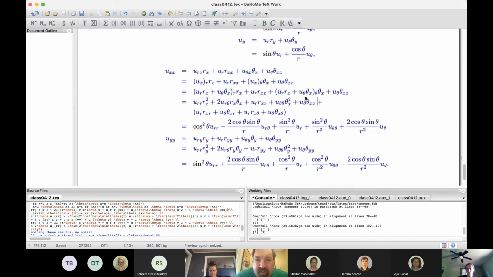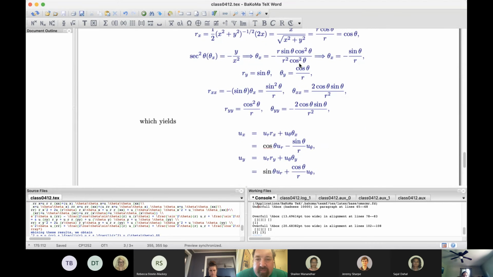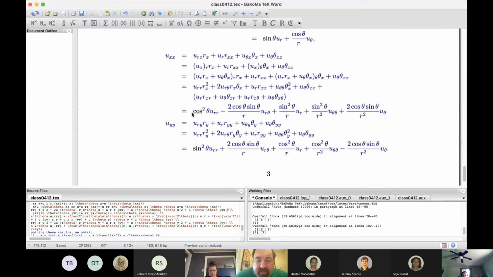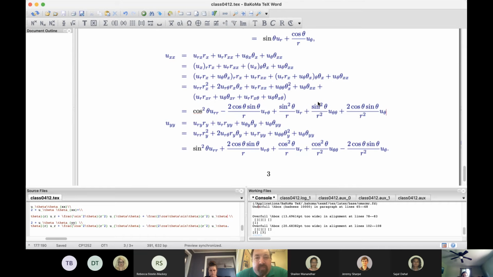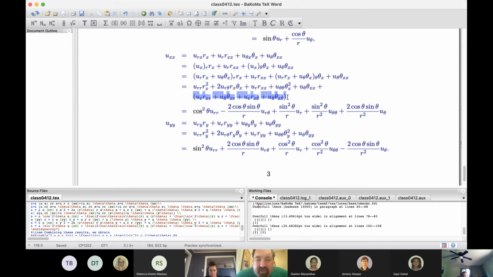If I fill in all of those things that I got from up here, everything from these terms, I get exactly this. So that would suggest that these terms must be 0. And they are 0. Can anyone tell me why these terms must be 0? Let's just focus on one of them. This term. Can anyone tell me why this term should be 0?